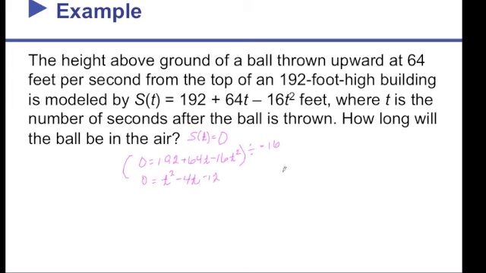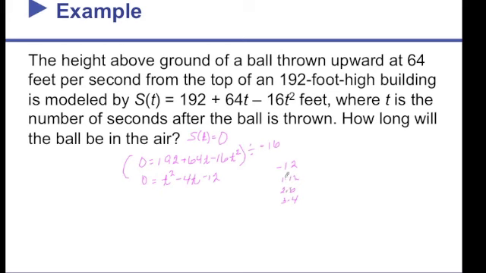Now, in factoring this, if I want to do grouping, I need two numbers that multiply together to give me negative 12 that will add together to give me negative 4. Well, for 12, I can use 1 and 12, 2 and 6, 3 and 4.